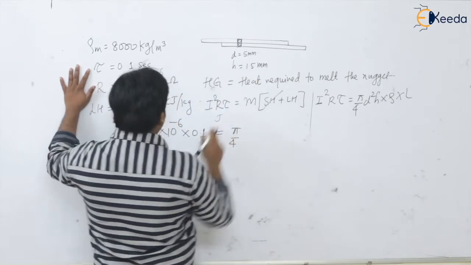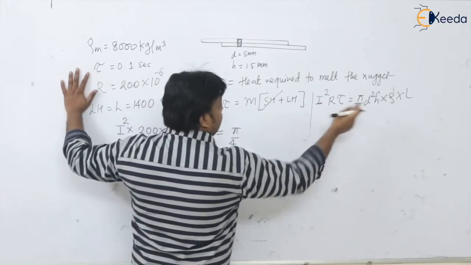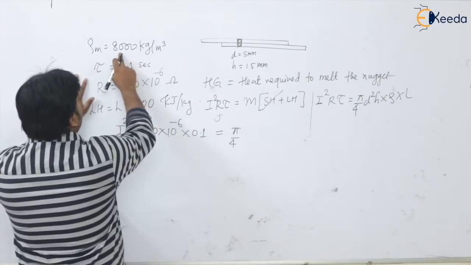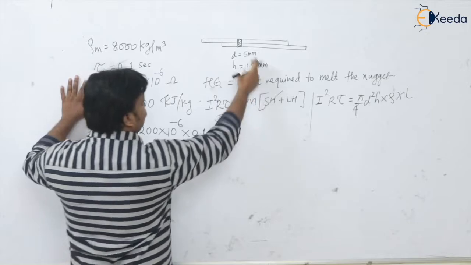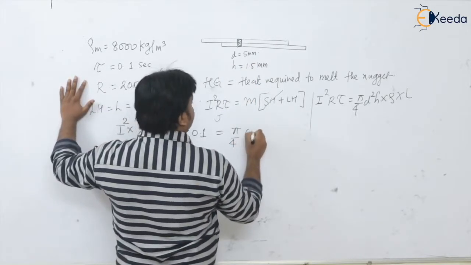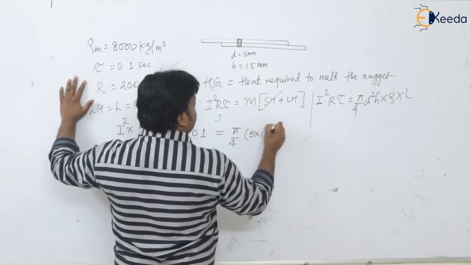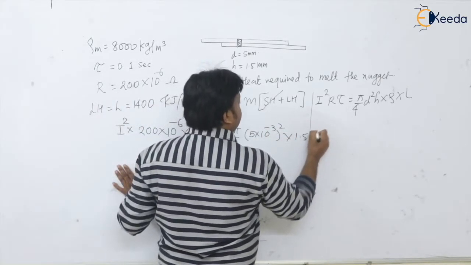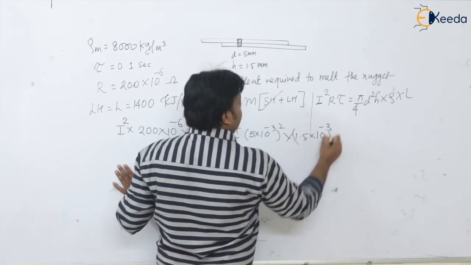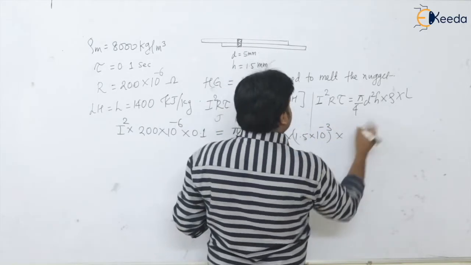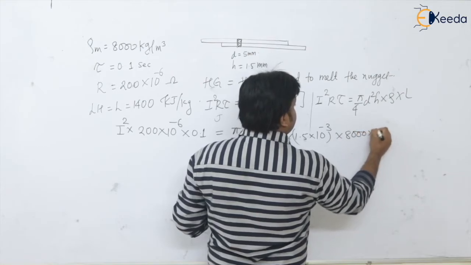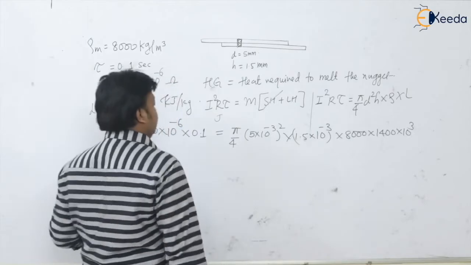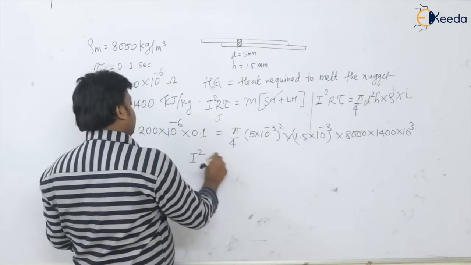Please take it in meters, because latent heat is in joule per kg and density in kg per meter cube. So convert it into meter. Pi by 4, this 5 into 10 to the power minus 3 square, into height 1.5 into 10 to the power minus 3, into density 8000, into latent heat 1400 kilojoules, so into 10 to the power 3 joule per kg. Now solve for this.